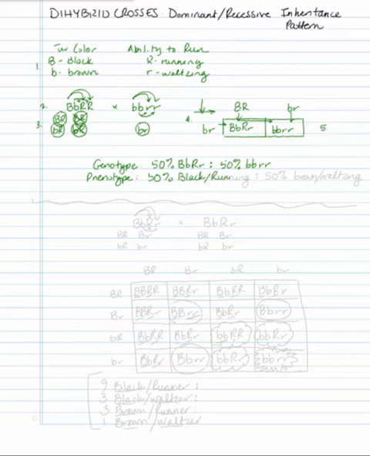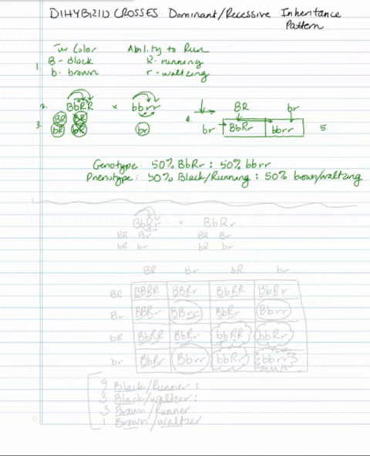Now, dihybrids, really important. The two traits together equals the phenotype. You don't separate them out. Okay? To 50% brown waltzing mice.